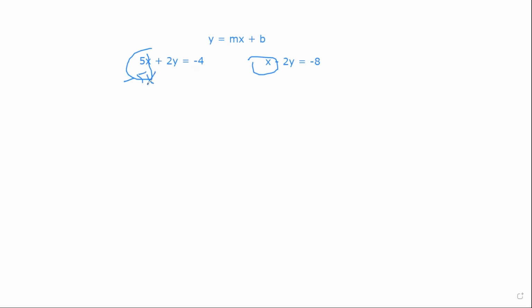It's not just 5. I'm not just subtracting 5. I'm subtracting 5x. Actually, in my mind I'm not even subtracting. This is a positive 5x. I'm canceling it with a negative 5x.